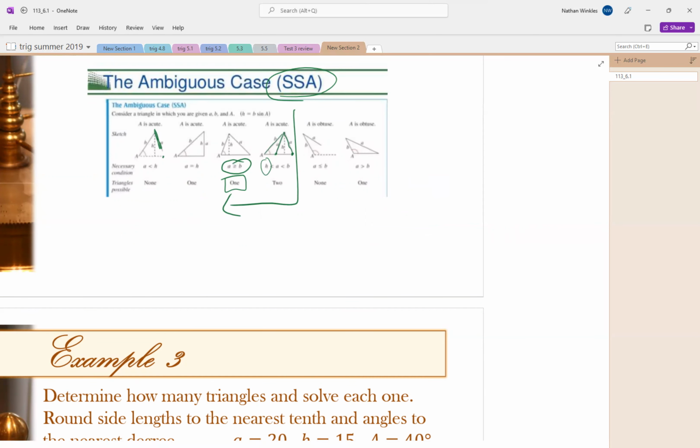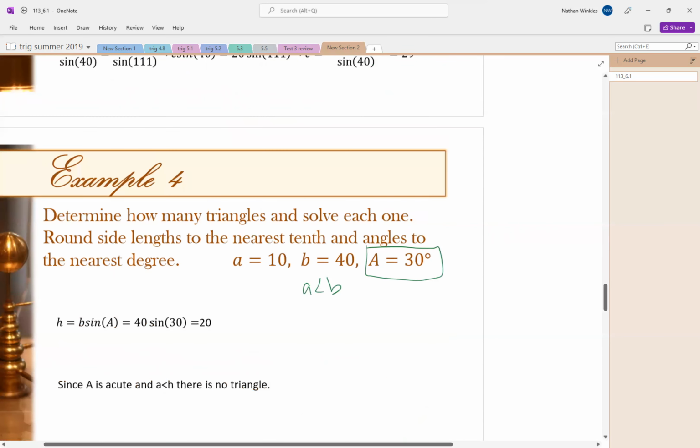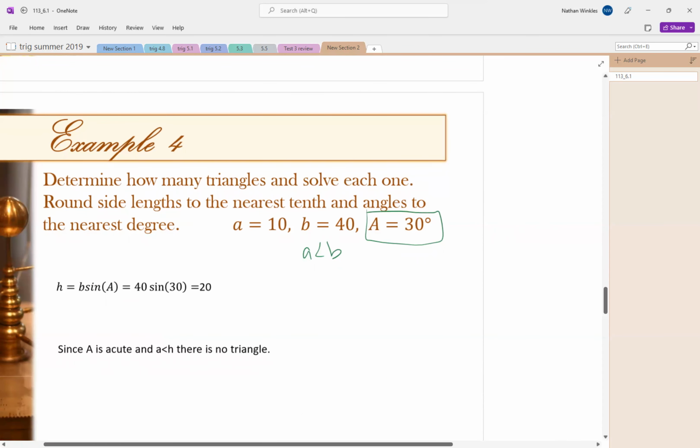That's also going to tell us whether we're in this case or this case. So we need h, which is equal to b sine A. So b sine A gives us 40 times sine of 30, which is 20.